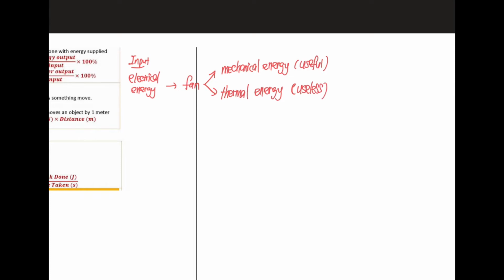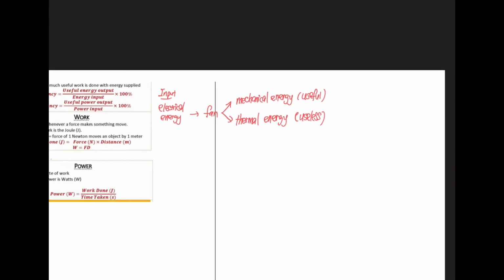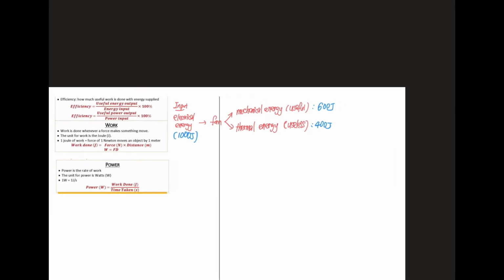Okay, so let's say, for example, I put in numbers. If you have 1000 joules applied to the fan, 600 joules become mechanical energy, 400 joules become heat energy. Then we can find out the efficiency.